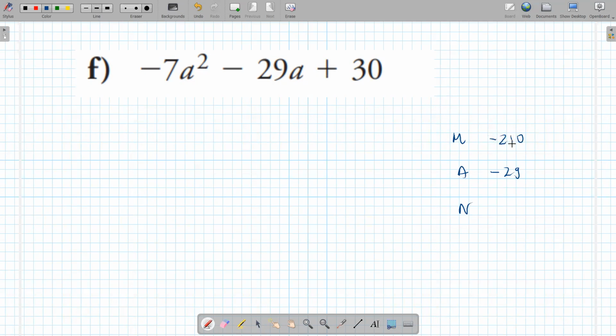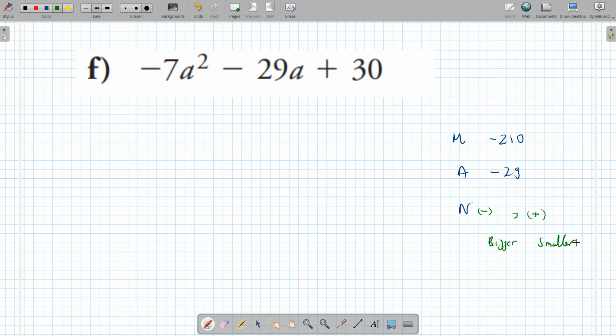And they add to -29. Which means they multiply into a negative number, right? Which means you have two numbers here. The bigger one will be negative, okay? And the other one is going to be positive or negative? Positive, that's right. So the smaller one will be positive.